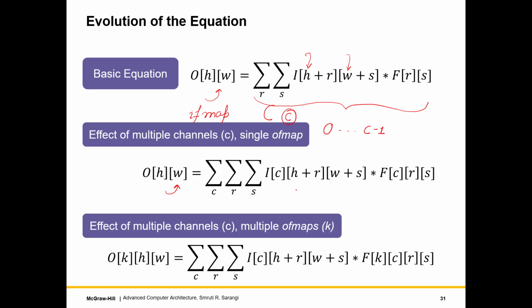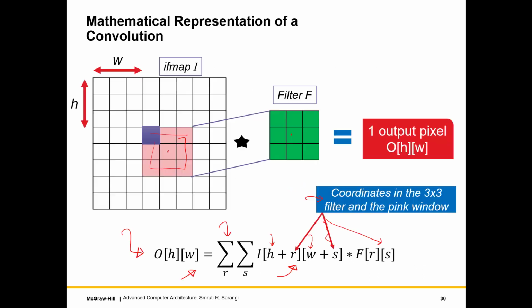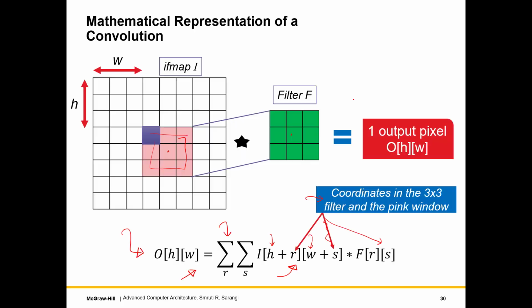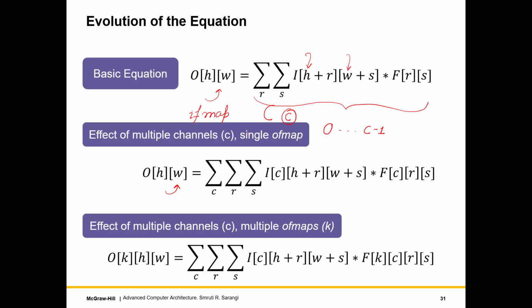Along with that, what did we see? What we saw over here, I'm sorry, let me go back, is that we compute separate convolutions for each input feature map with its corresponding filter, and we add all of them to produce the final output map. So in this case, of course, we are considering a single input channel.